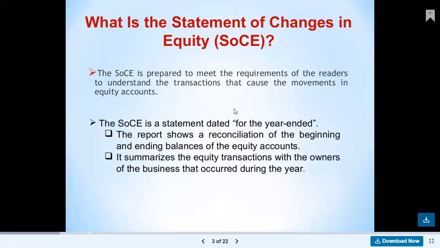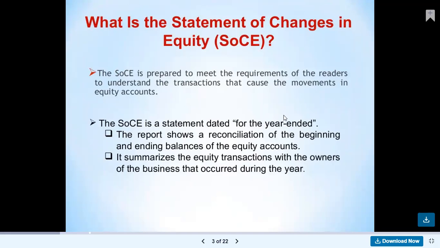We already tackled the characteristics of the three forms of business organization. Now, we are going to discuss how we are going to prepare the statement of changes in equity by form of business organization.